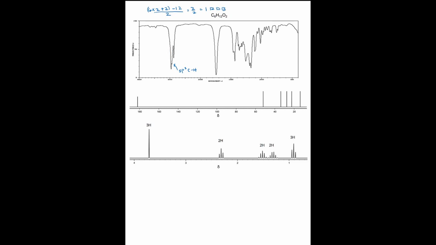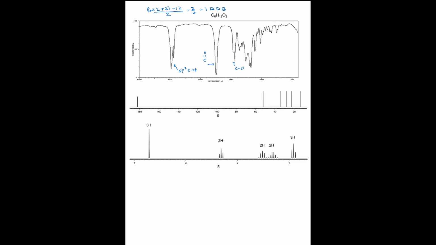The other thing that I observe here is a peak at 1617, which is indicative of a carbonyl. And if you wanted to look further, this could be 1500, which could be a CO stretch. So I'm looking at a carbonyl, and that is probably going to be my site of unsaturation since I have this double bond here. So IR is going to tell us about the functional group.